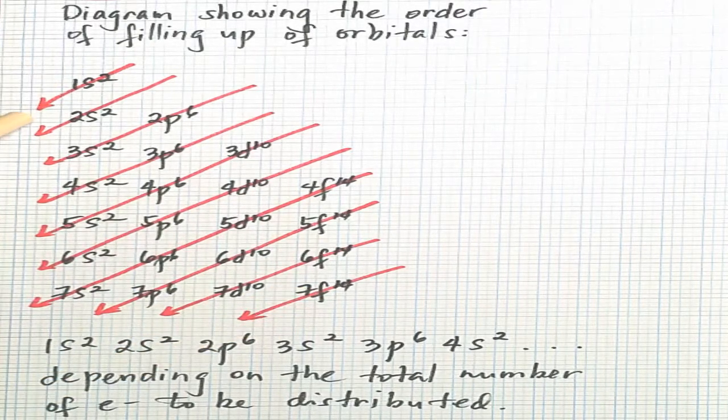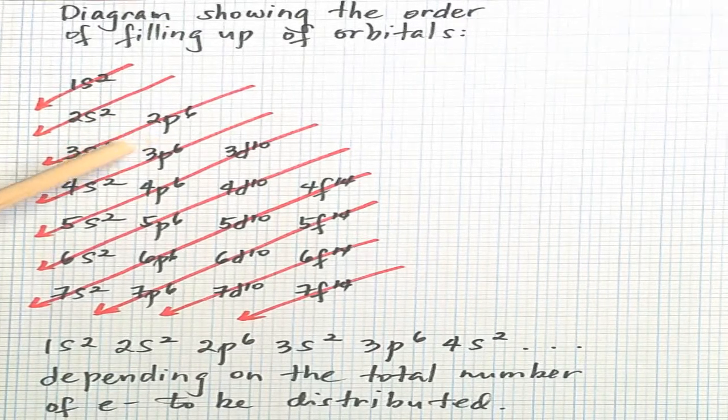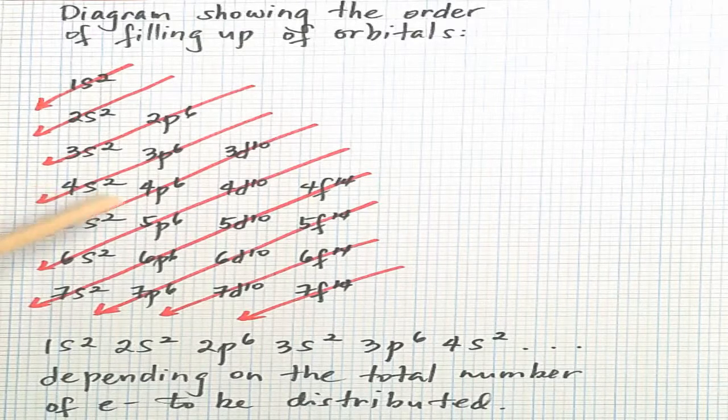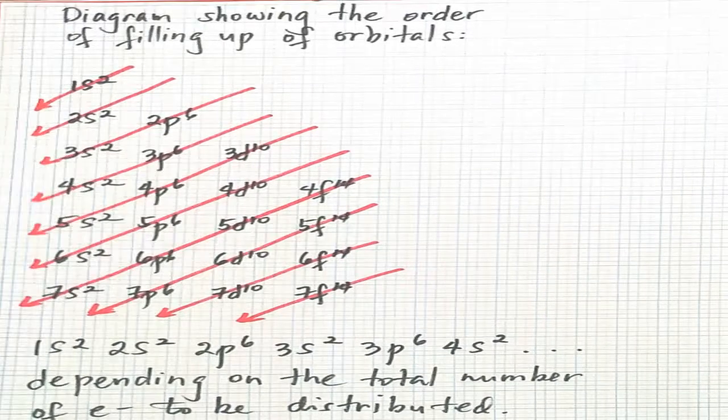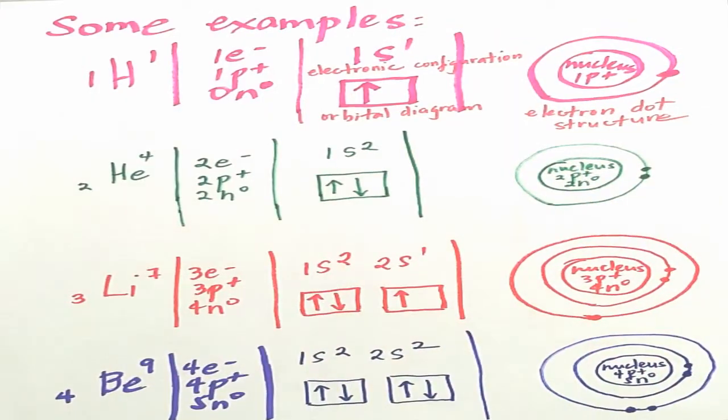So we start with 1s2, 2s2, 2p6, 3s2, 3p6, 4s2, and so on and so forth, depending on the total number of electrons to be distributed. So all you have to do is know how to construct this device when you do electronic configuration.